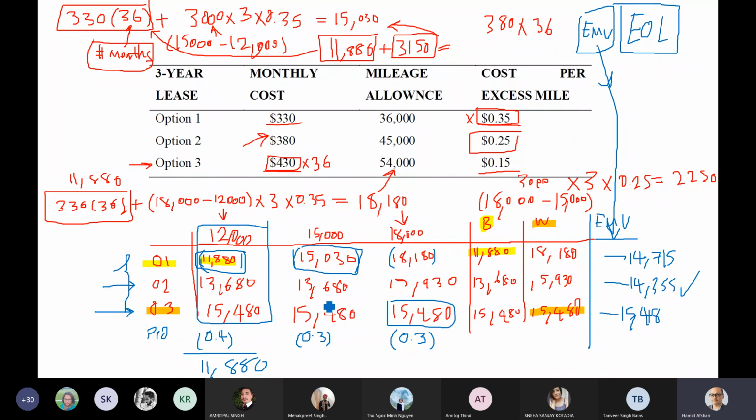Okay, how much is the best value in the second column? 15. What is the best value in this column? 15. Okay, can somebody multiply the probabilities by the best values for each column? And then I will write it here. And this will be the expected value with perfect information.